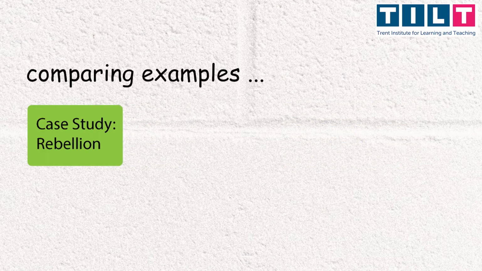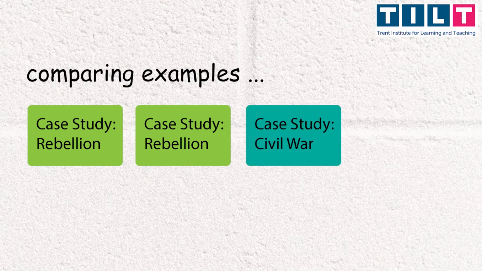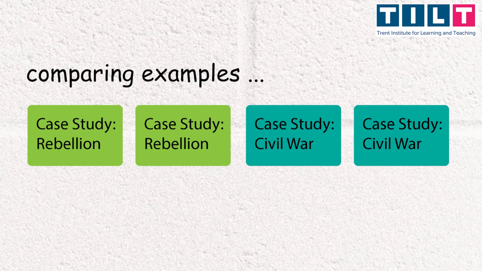Then secondly, you will compare your examples against one another to see if these rebellions or civil wars did ever achieve their goals. Again, you're signposting to your reader how you plan to develop your argument.